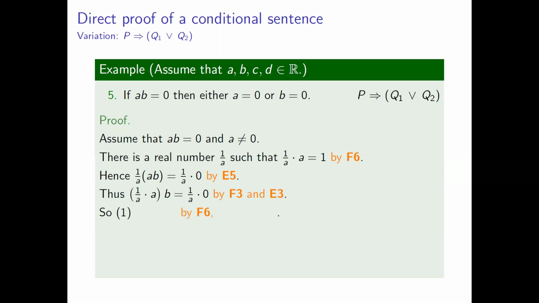Since 1 over A is the multiplicative inverse of A, 1 over A times A is equal to 1. Hence, by the multiplication property of equality, 1 over A times A times B is equal to 1 times B. Thus, by the transitive property of equality, 1 times B is equal to 1 over A times 0.